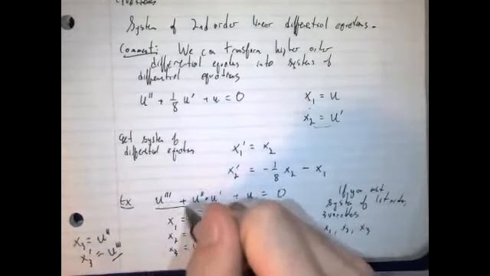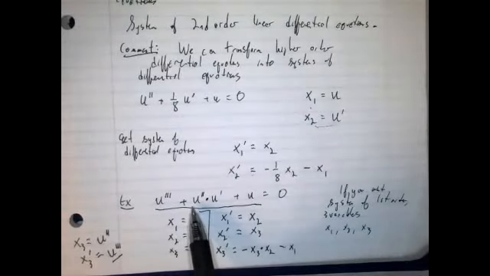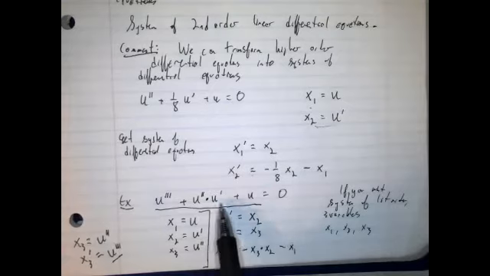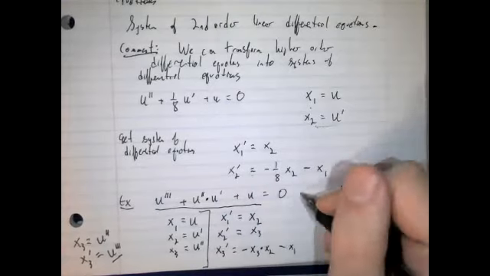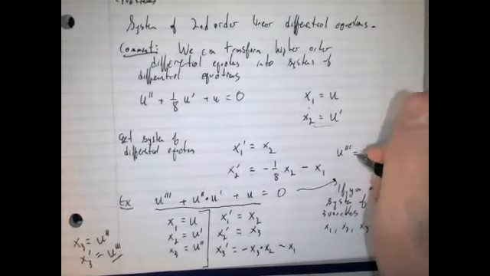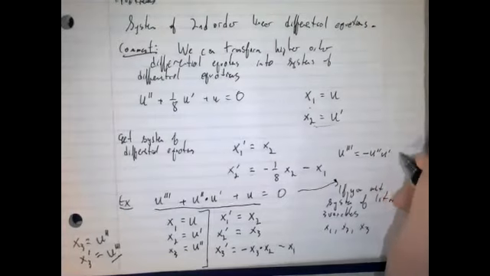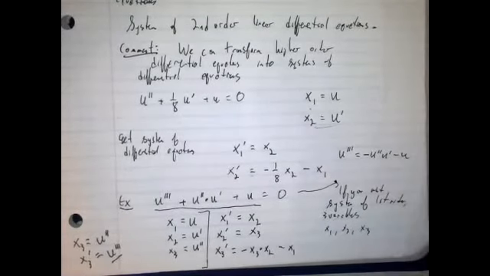Now remember that we started with this equation. U triple prime plus u double prime plus u times u prime plus u is equal to 0. Or if I do some algebra, this is the same thing as u triple prime is equal to negative u double prime minus u times u prime minus u. Oh, I get it. Thank you. That's exactly what I did here. Yep.